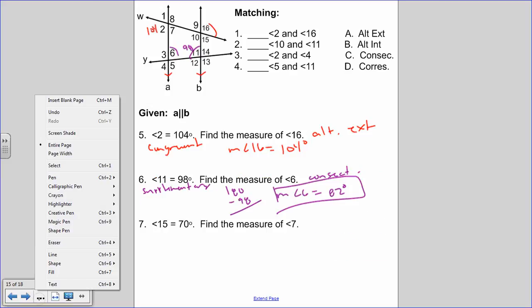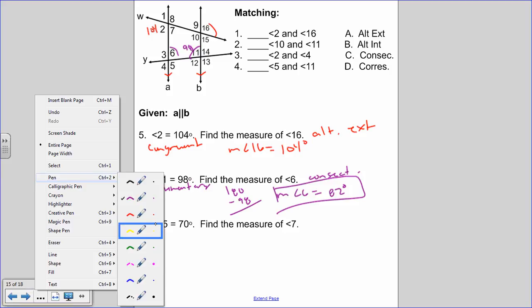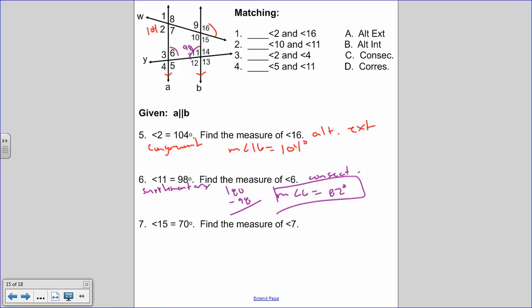And number 7 gives us that 15 is 70 degrees. So this angle is 70. It wants us to find the measure of angle 7. 15 is exterior, but 7 is interior when you look at A and B. However, they're both below W, so same side, and they're on the right, bottom right, so same position.